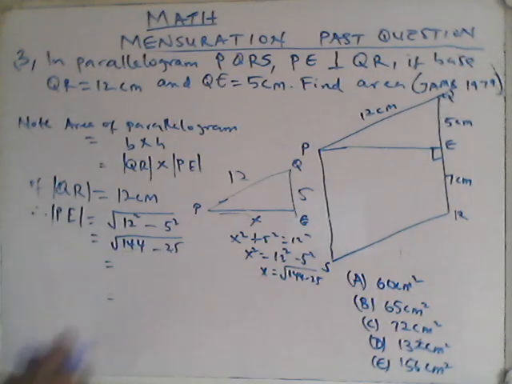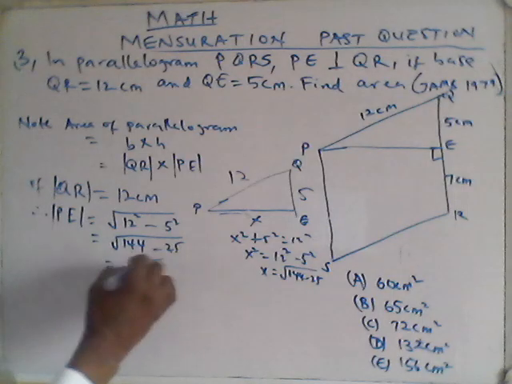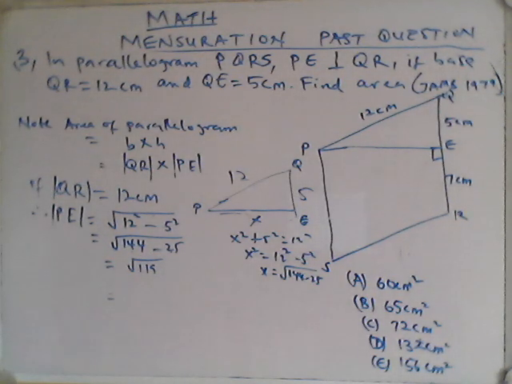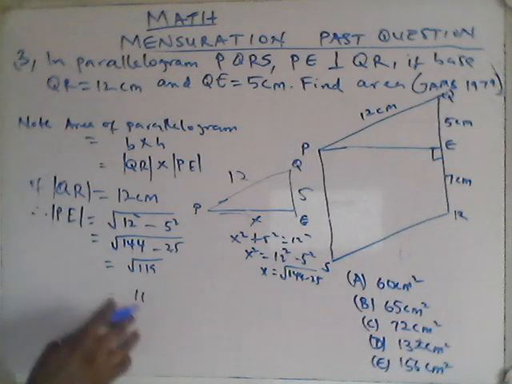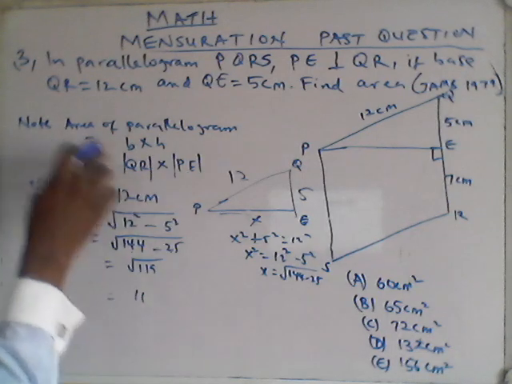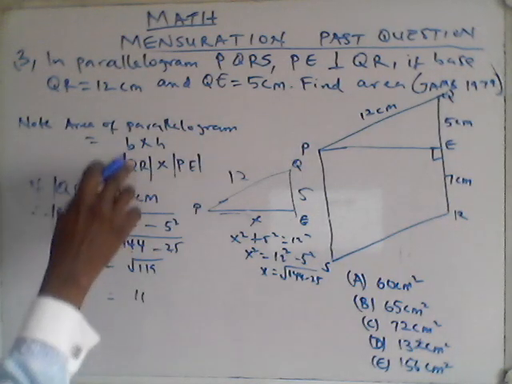So by the time I do the difference, I'll be getting the square root of 119, which is approximately 11. Upon approximation it is 11, okay, 11 cm. Approximation is like 10.9, which is 11. Now I have gotten PE. I can put it in this formula because the area of a parallelogram is base times height.